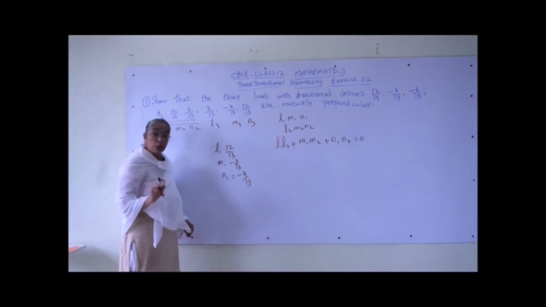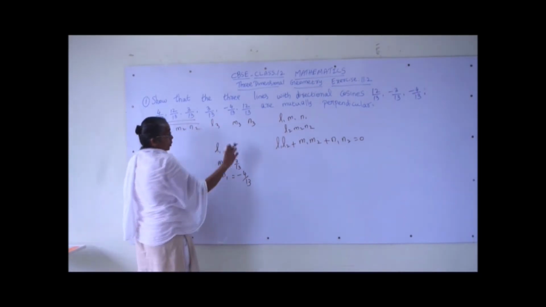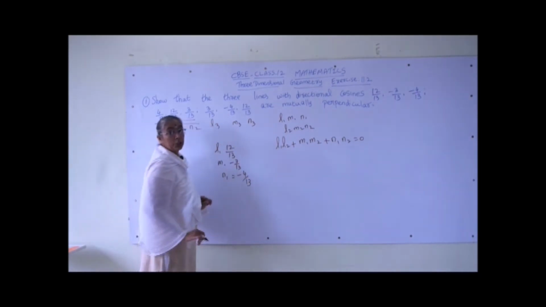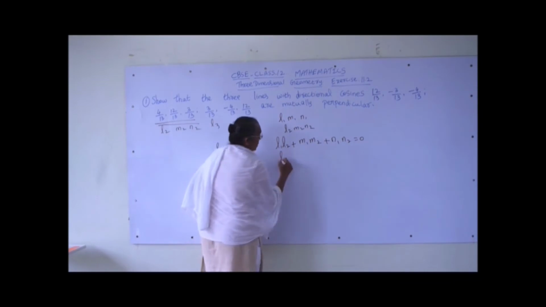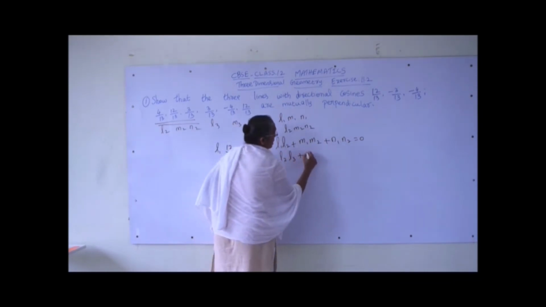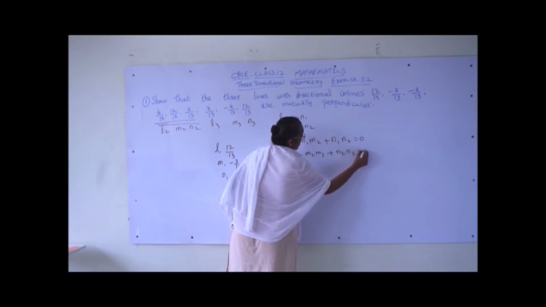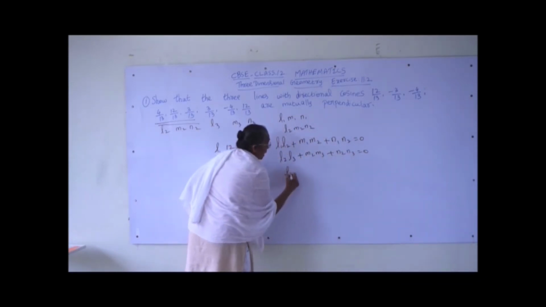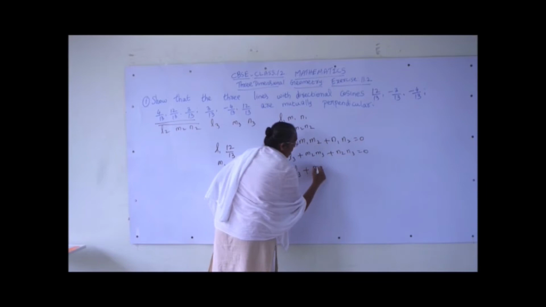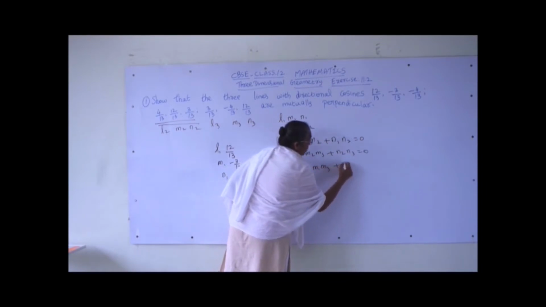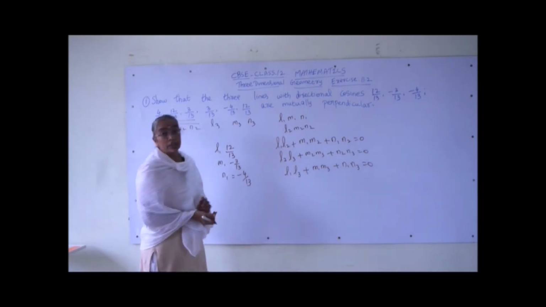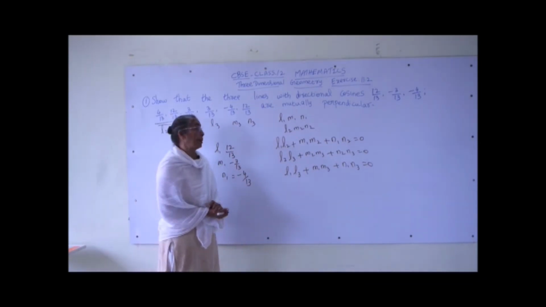Now we have to prove that l1 l2 + m1 m2 + n1 n2 = 0, l2 l3 + m2 m3 + n2 n3 = 0, and also l1 l3 + m1 m3 + n1 n3 = 0 to show that the three lines are mutually perpendicular.